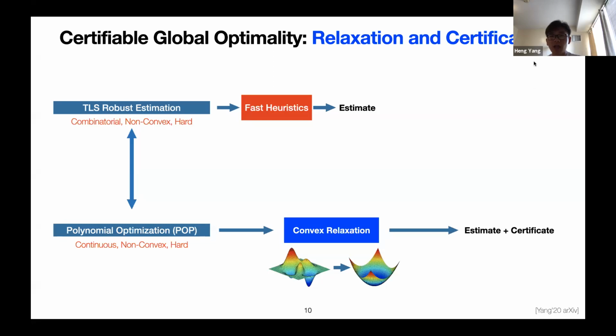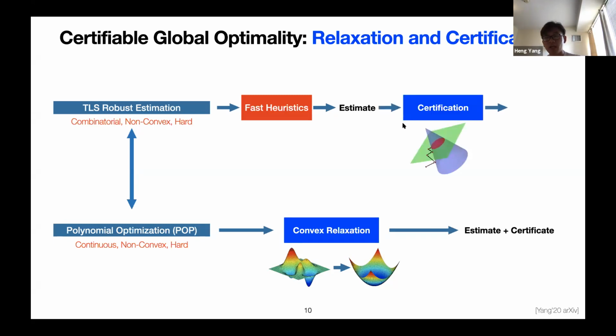But we're not going to stop here because we care about global optimality. We're going to take these estimates and perform certification or verification that will return a certificate for this estimate. So this is the high level view of designing certifiable algorithms.